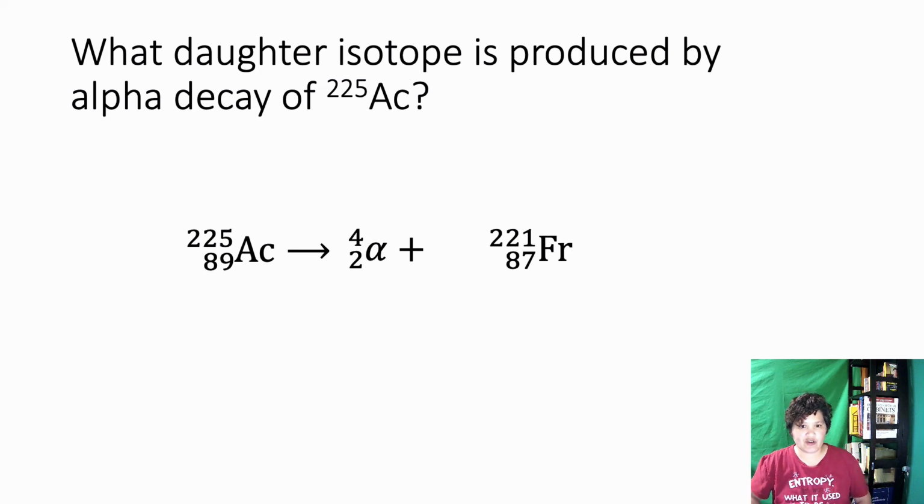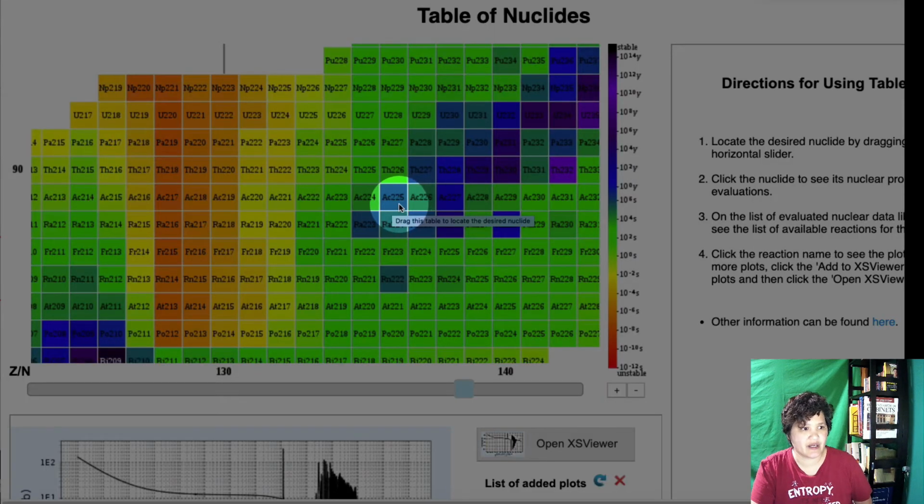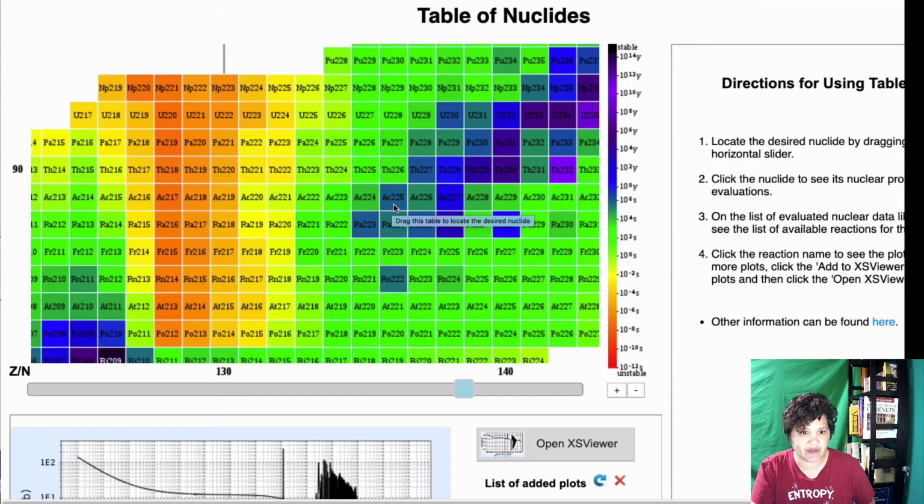And so here's our product, francium 221. Back to chart of the nuclides. So here's actinium 225 right here. And you can see francium 221 is down here. And so once again, we've gone 1, 2, down and to the left.